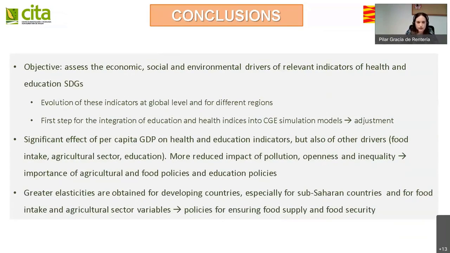And the elasticities obtained also are a first step for the integration of education and health indicators into CGE simulation models. And now we are working on this issue. In particular, my colleague George Philippidis is working on that, trying to introduce these indicators into the MAGNET model.